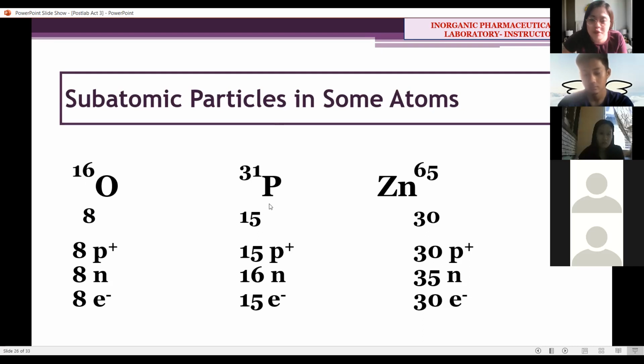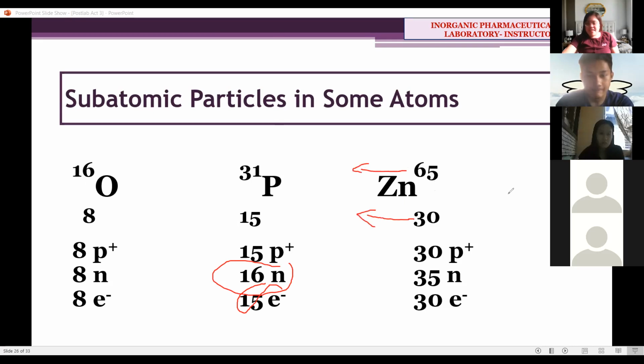And this is for phosphorus here. 15 again is the atomic number, so the number of protons is the same, and since it has no charge, the number of electrons is also the same. Okay? And how do we get the neutrons again? 31 minus 15, so 16 neutrons. And lastly, we have another example, but it should not be at the side; it should be written on the left side.